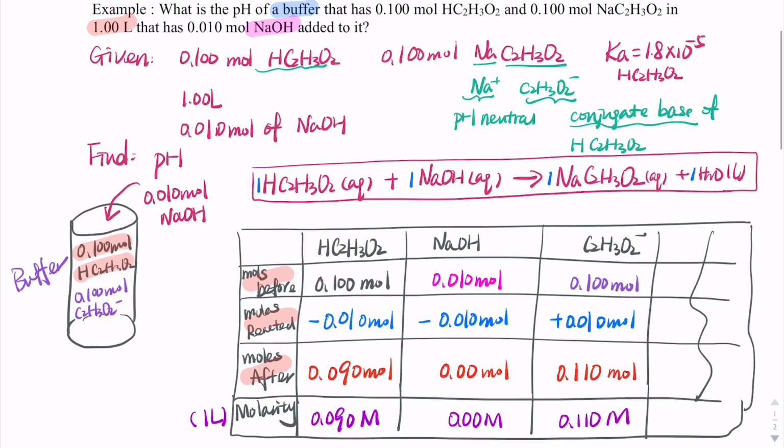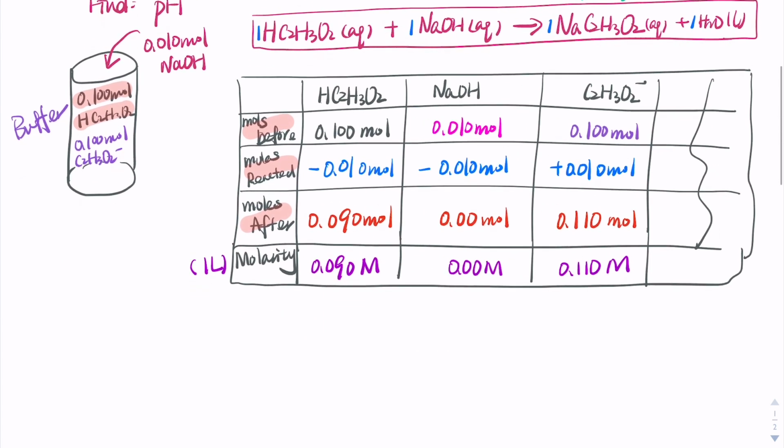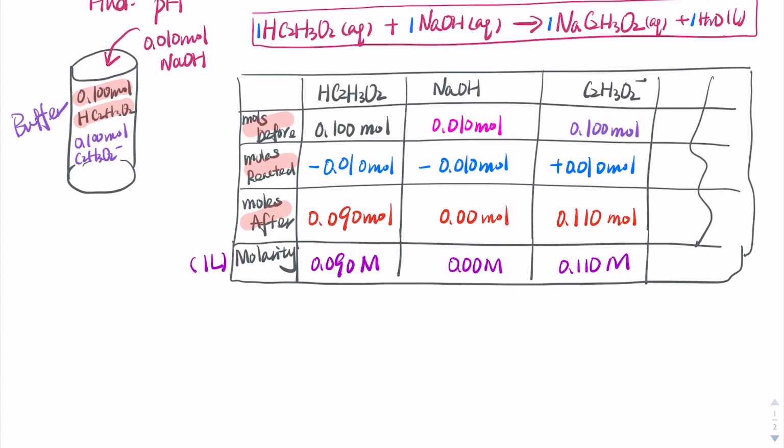At this moment, after your buffer neutralized the base you added, now you have a new buffer. In this new buffer, you don't have 0.1 moles of the acetic acid and its conjugate base anymore.